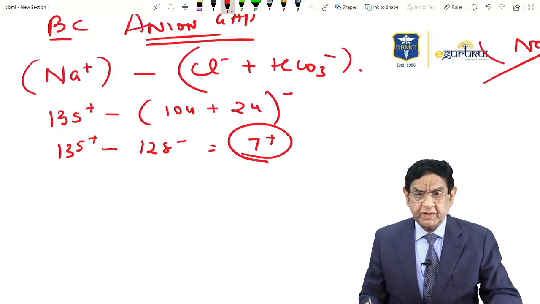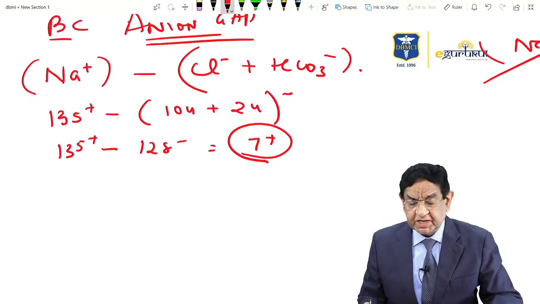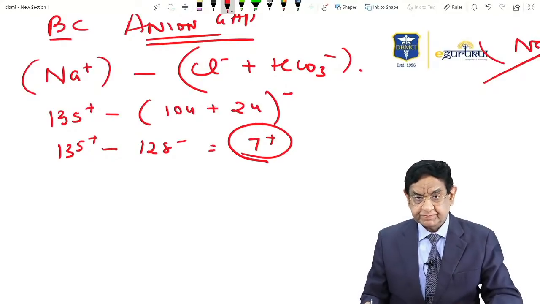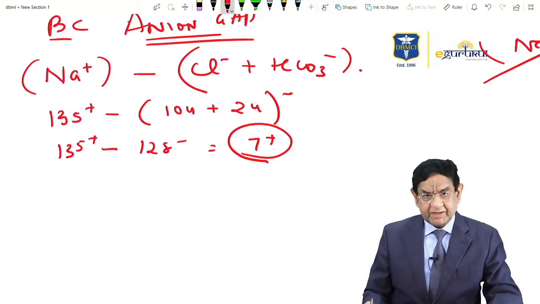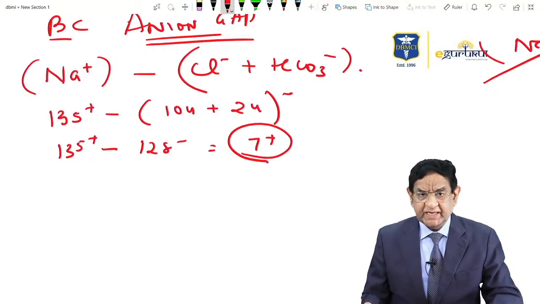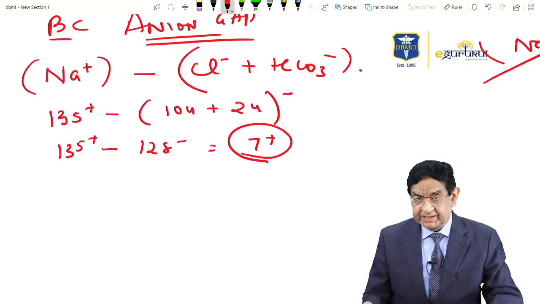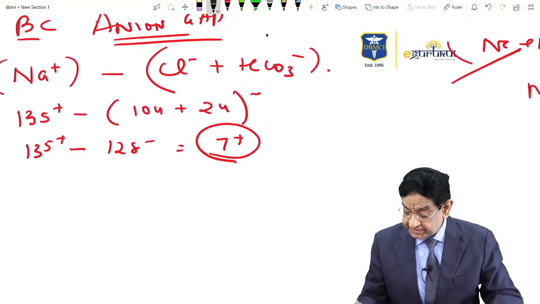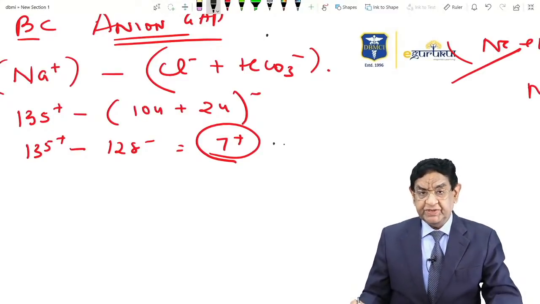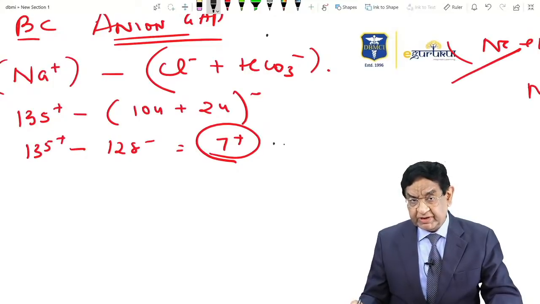As per this formula, we are getting 7 extra positive particles. But we know very well, as per the law of electrostatics, positive and negative are equal everywhere in this universe. It means there are certain extra negative particles which we have not taken into consideration.